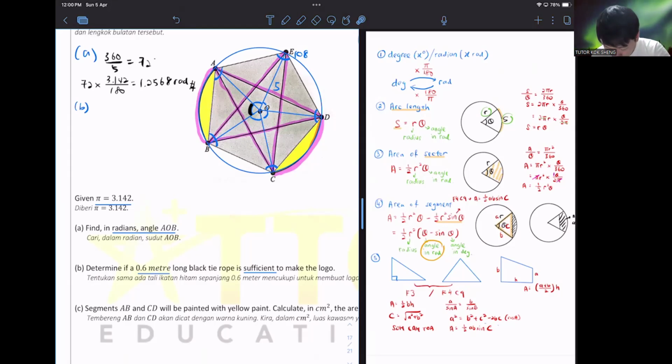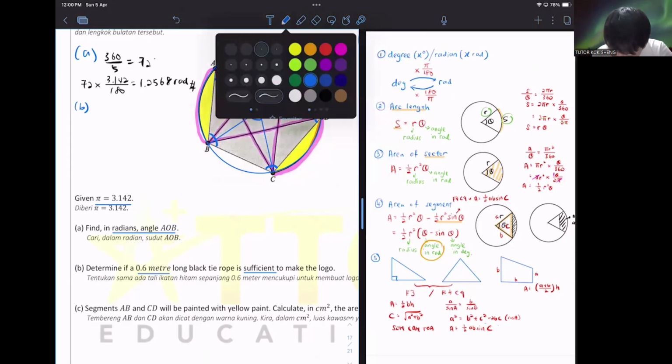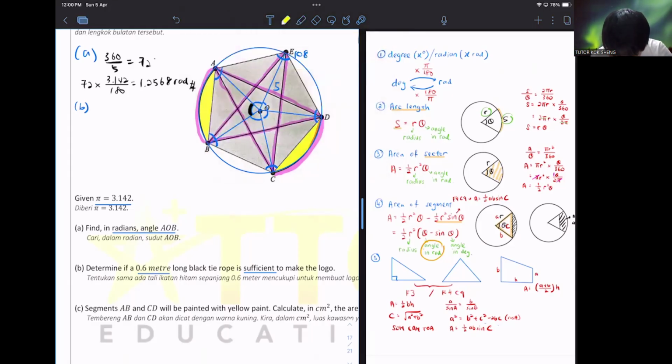Let's say I go by this one, BE. So this line here, which one can you use to find it? The center is O here.